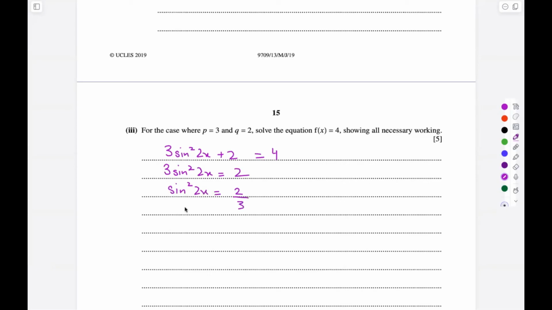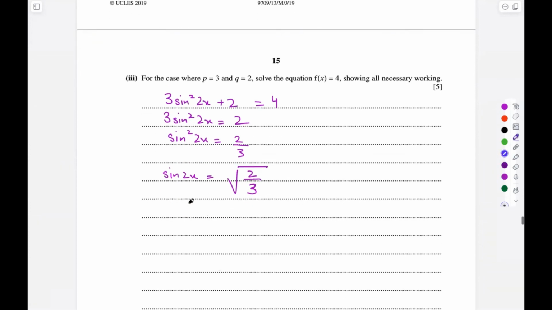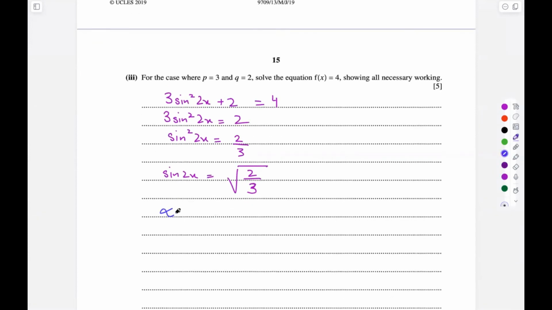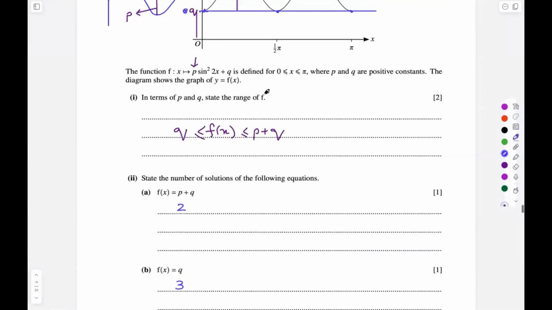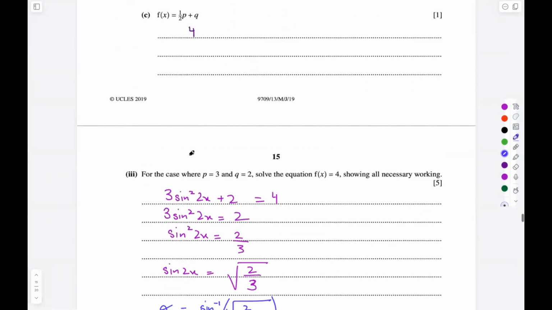Taking the square root on both sides, sine 2x will be equal to square root of 2 upon 3. Now, to find the value of x, first we'll find the sine inverse of square root of 2 upon 3. That will give us the basic angle. We'll have to make sure that the calculator is in radian mode, as the domain of the values of x is from 0 to pi.